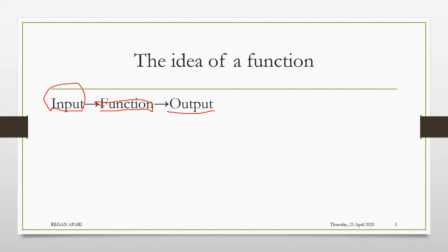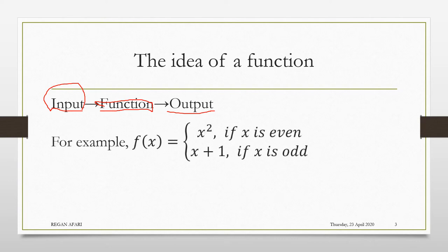Let's transform this idea into a mathematical function. This is an example. f(x) is defined as x squared when x is even and x plus 1 when x is odd. Let's see.